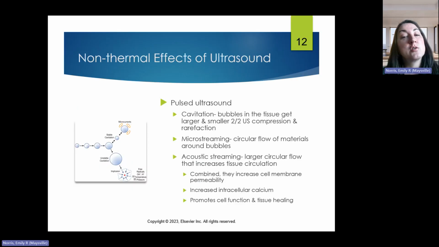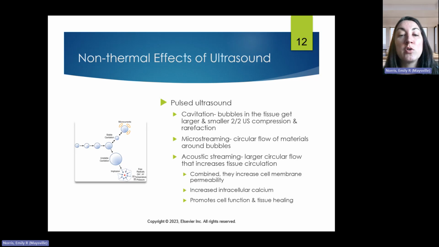All right, with the pulsed ultrasound, some of the non-thermal effects that we get, there is cavitation. So these are bubbles in the tissues that get larger and smaller due to the ultrasound compression and rarefaction. It is good because it helps the cell membrane become more permeable and allow more substances in and out of the cell membrane.